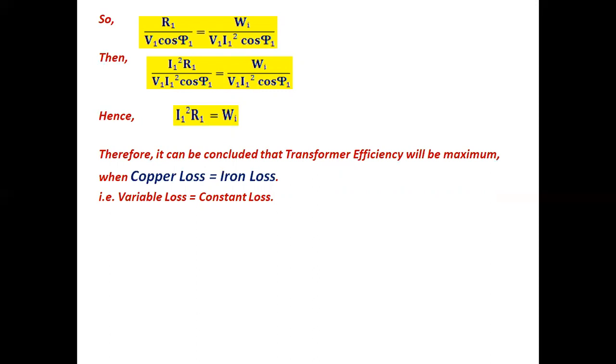That is I1 square R1 equals Wi. Therefore, it can be concluded that transformer efficiency will be maximum when copper loss equals iron loss, that is variable loss is equal to constant loss.